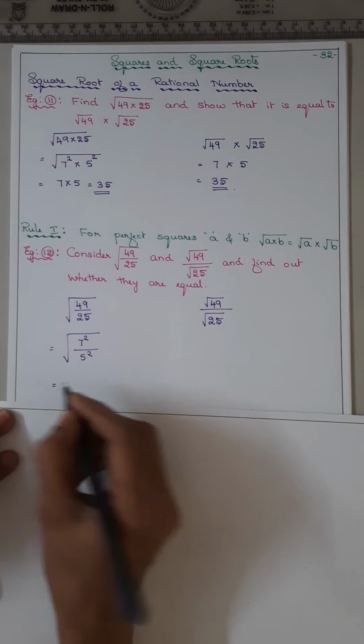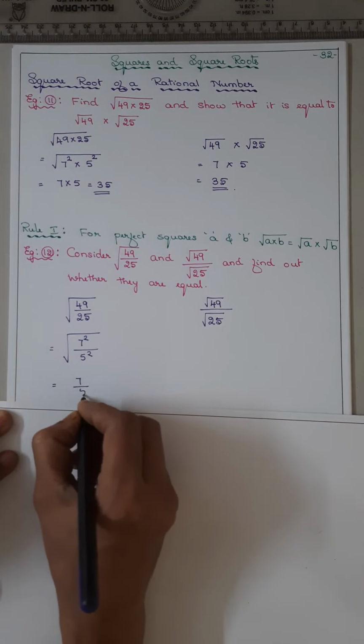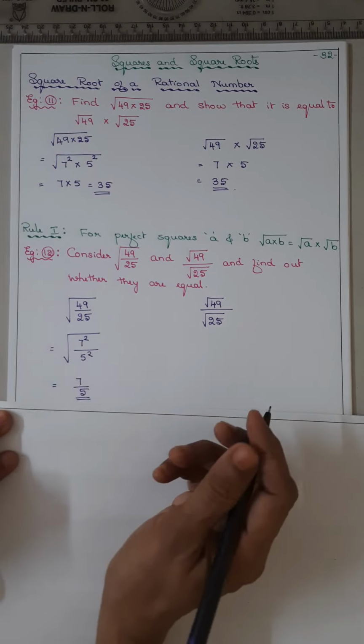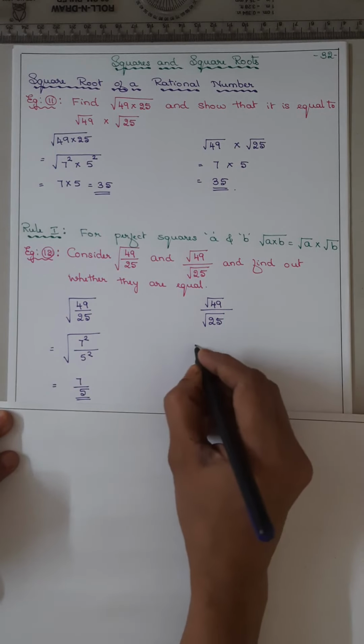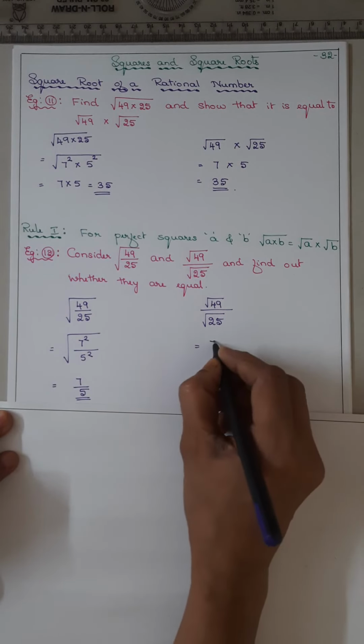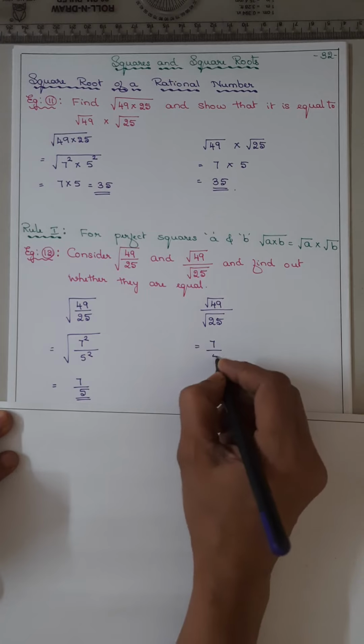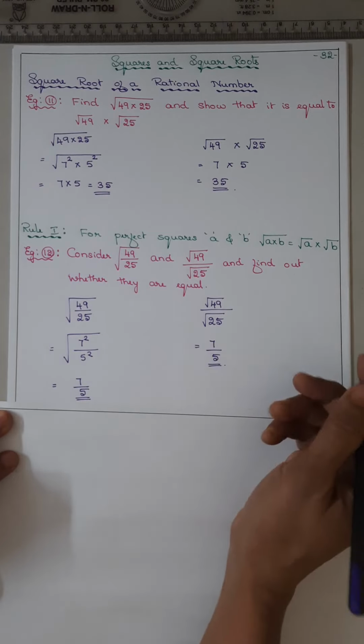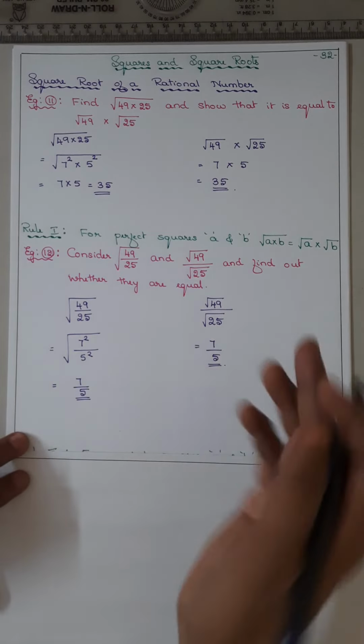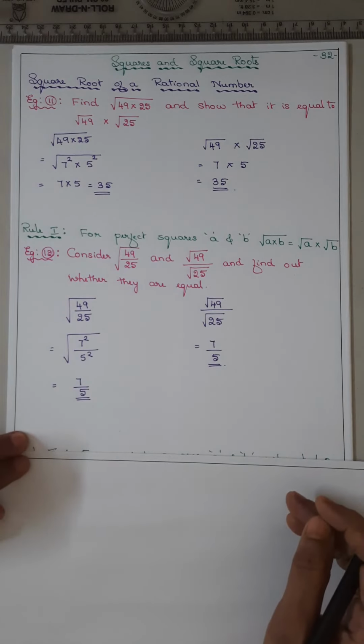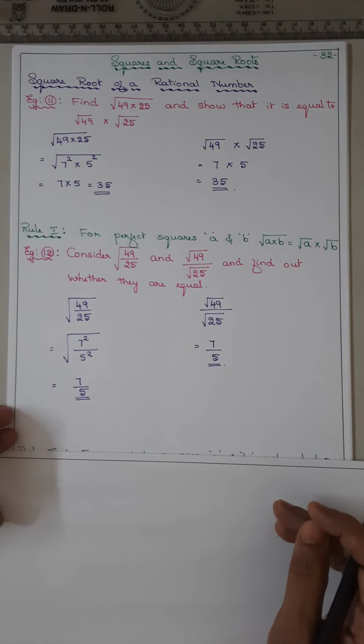Square root and square get cancelled. You got the answer 7 by 5. Now here the square root of 49 is 7. Square root of 25 is 5. So when you solve the sum in both ways, the answer is same.